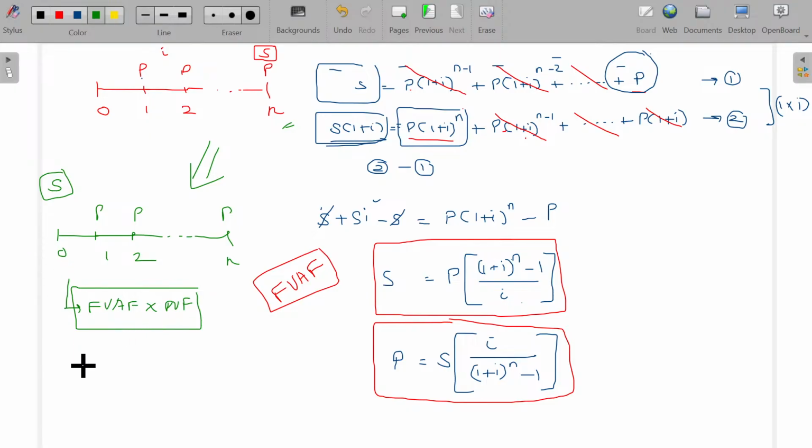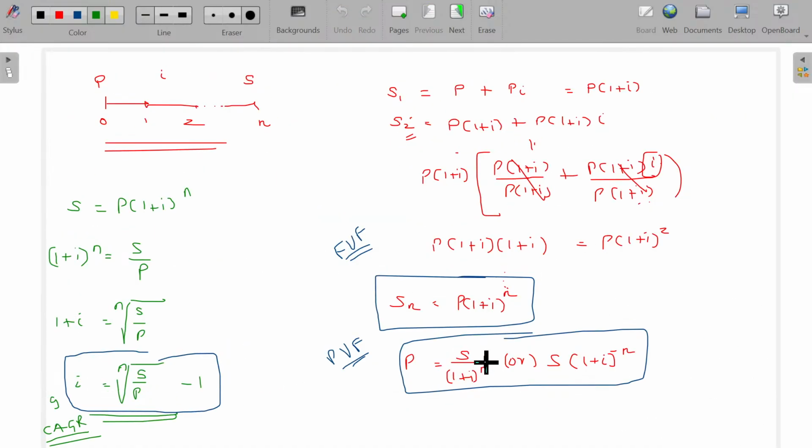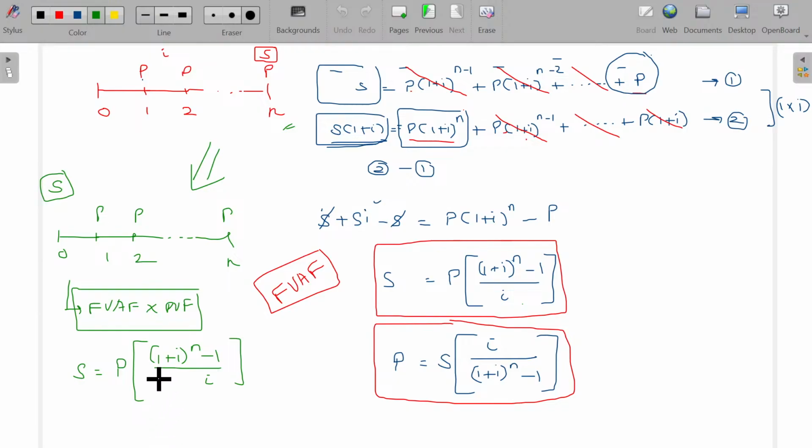Then the formula being here s is equal to p into 1 plus I to the power n minus 1 divided by I. This is nothing but what? Future value anti-factor. To bring it to the today's day, we have to divide this by 1 plus I to the power n. Denominator, it will have 1 plus I to the power n.